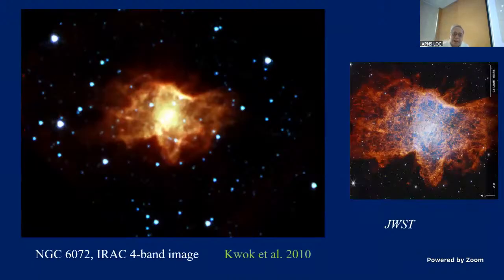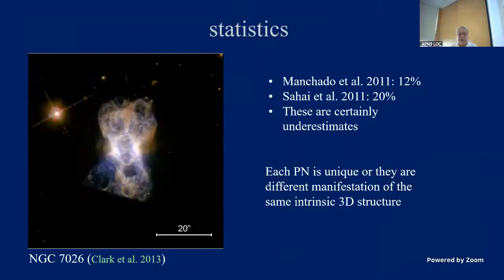So now again, on the right is a recently released JWST image. And as a matter of fact, it is a well-known nebula, NGC 7072, 4072, 6072, already known to be multipolar based on the infrared colors.